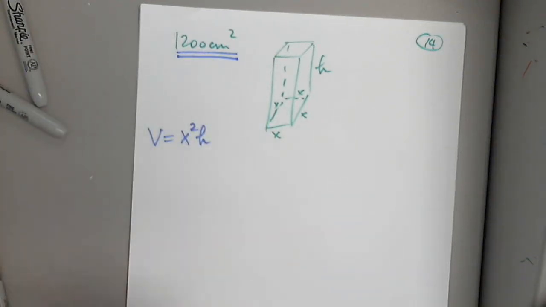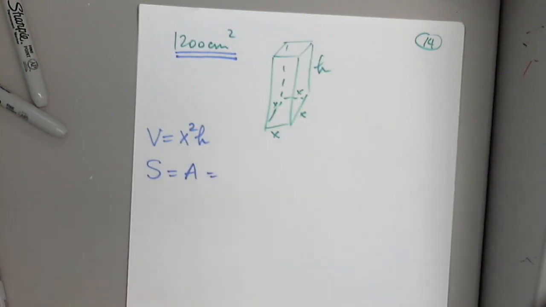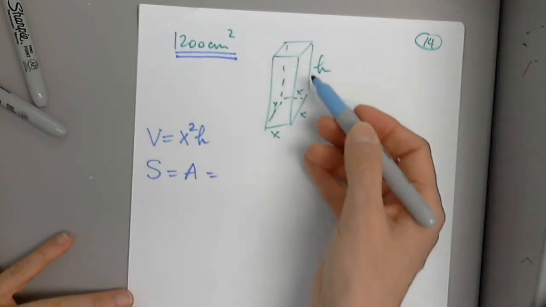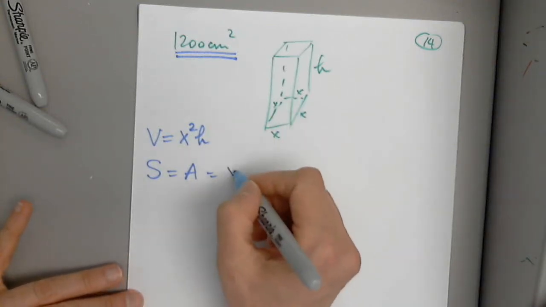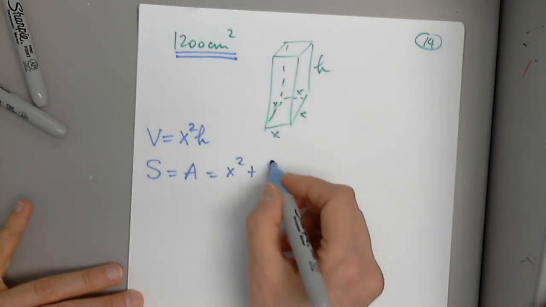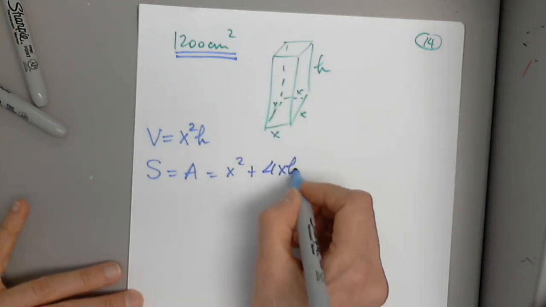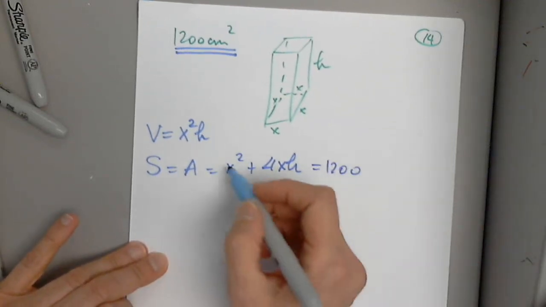What is 1,200 centimeters squared? The area, A. So let's determine the area here. We have an x squared, and we have 4 sides that are equal in area, 4xh. And we are given that this is 1,200.